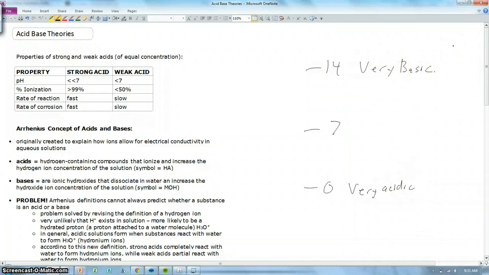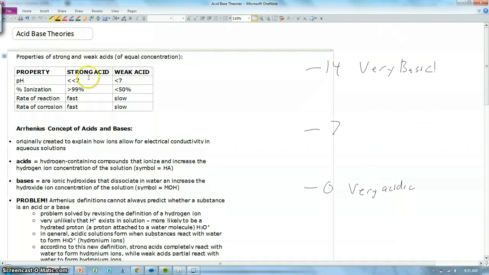Both acids and bases, as you saw before in your previous note in the introduction to acids and bases, are very caustic, very corrosive, very dangerous, but for very different reasons, and there are some other different properties that we'll review in class.